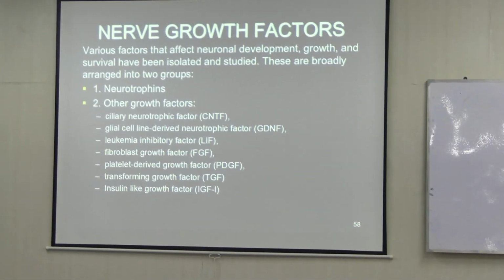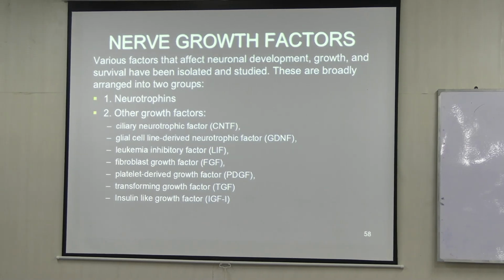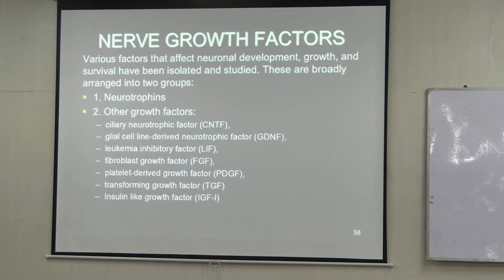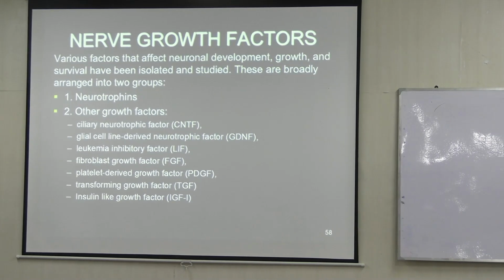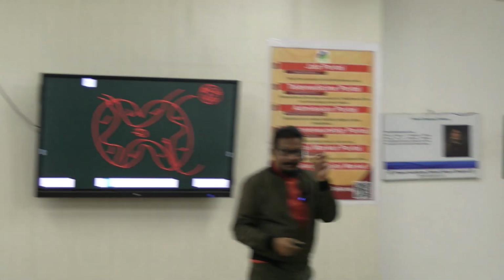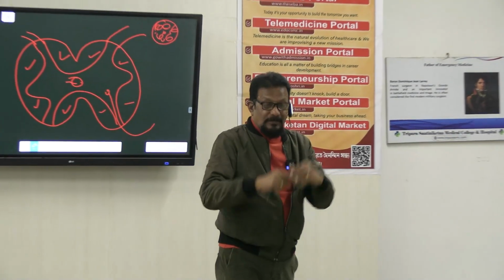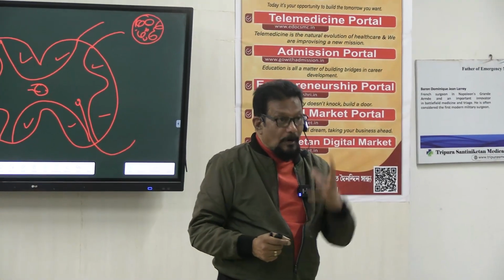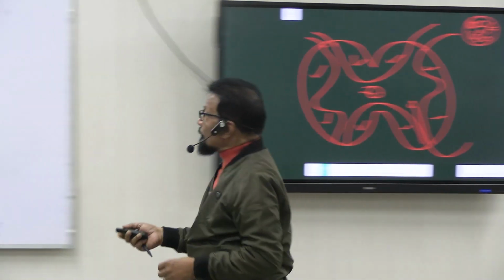Now in your syllabus there is nerve growth factor, so you may expect questions from this. What are these? There are various factors needed for neuronal development, maintenance and survival.